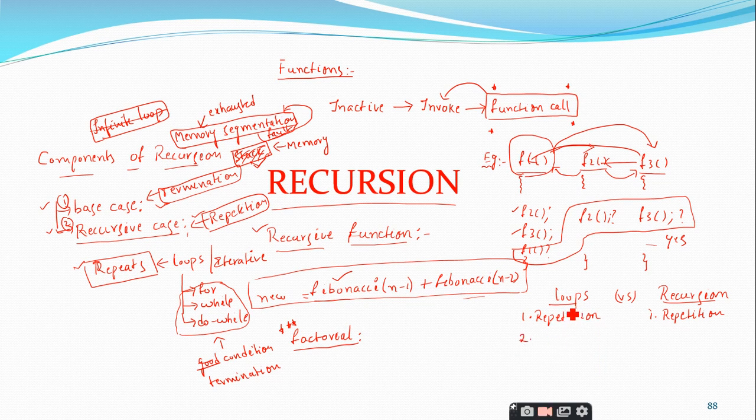In loops, you can make use of looping constructs such as for, while and do while. Whereas here you will make use of if else constructs, which are conditional statements that depend upon the condition.